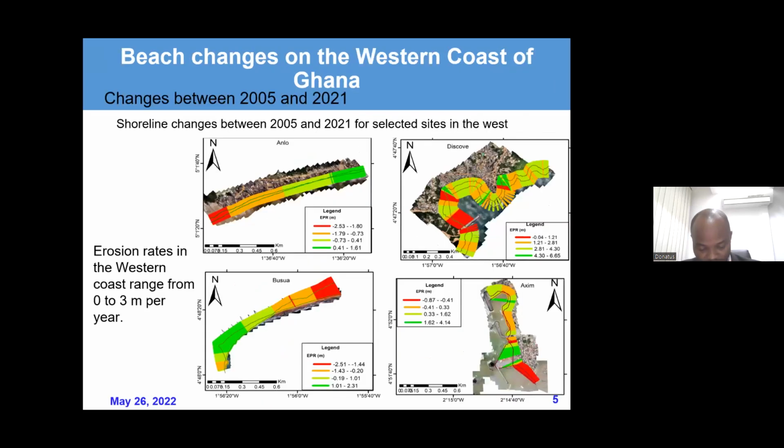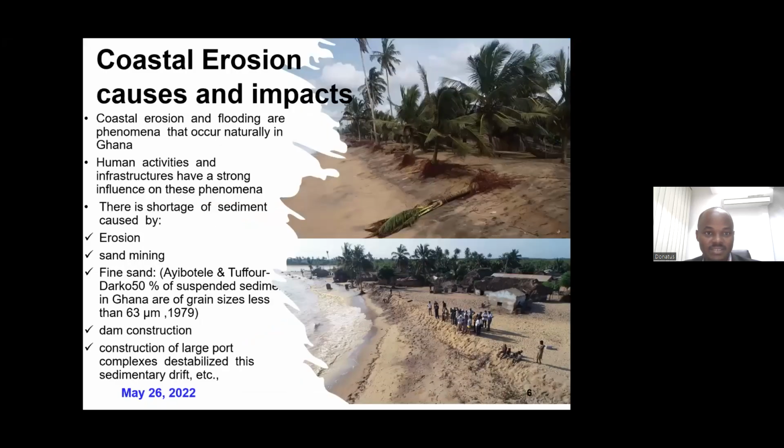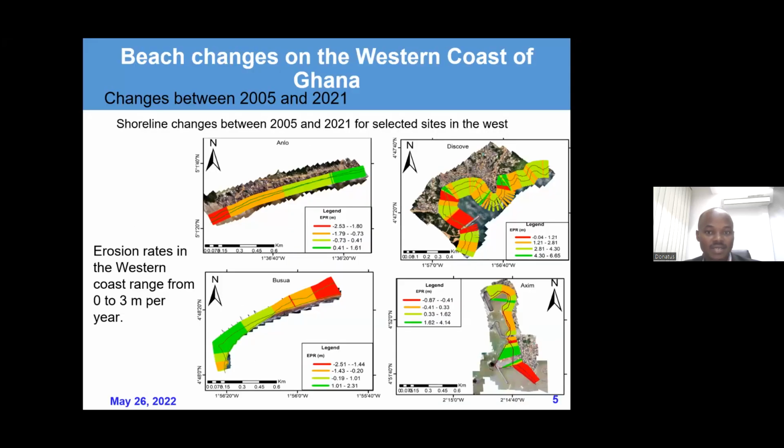Next slide. Okay. Between 2005 and 2021, the Western coast showed the least in terms of sediment losses.